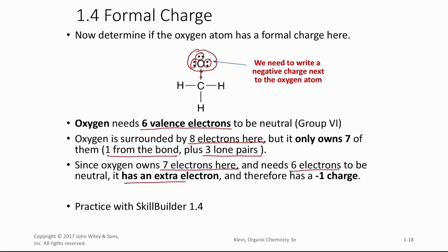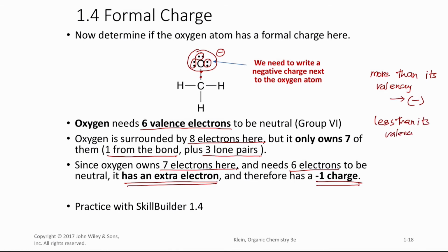So it has an extra electron. That extra electron represents a formal charge. So what we'll do now is write a minus on the oxygen. That minus represents that it has more than what it wants, so that's how we can say that it has excess. Now, if it has more than its valency, the formal charge is negative. If it has less than its valency, the formal charge is positive.